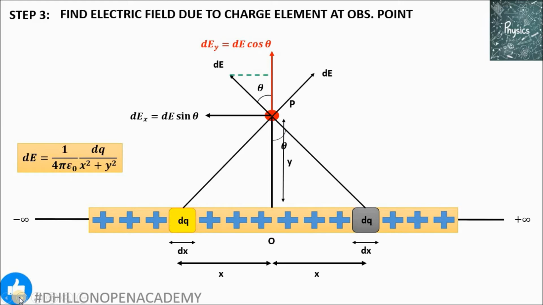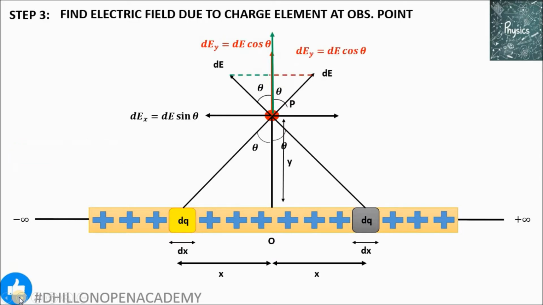So this dq element is also going to apply its own electric field dE, because dq on both the line elements is the same and its distance from the origin on either side is also the same. So the electric field it is exerting at the point P is also the same as in the earlier case. It is also making an angle theta, which can also be divided into rectangular components dE cos theta and dE sin theta. So we have divided the two fields into their rectangular components.